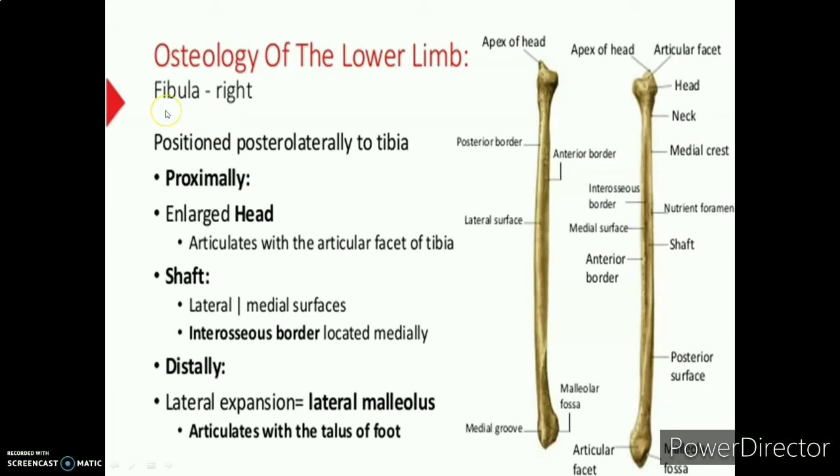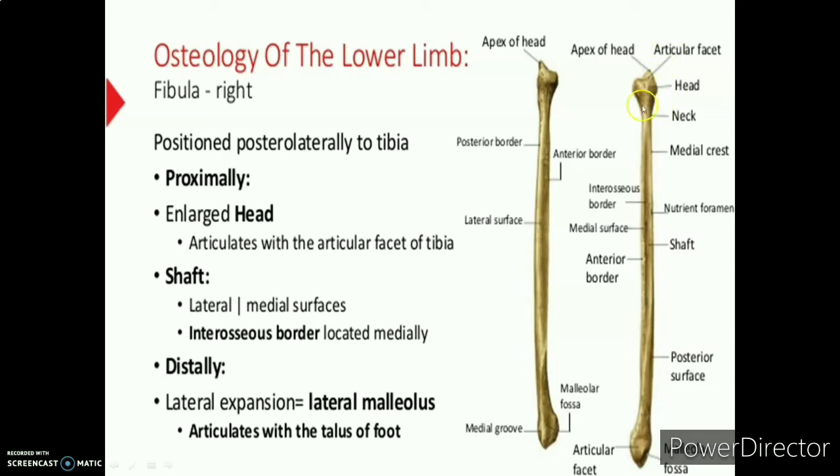Now the fibula. It is positioned posteriorly to the tibia, staying behind it. Proximally, the upper part, it has an enlarged head, which articulates with the articular facet of the tibia. It has an apex of the head which joins with the tibial head.